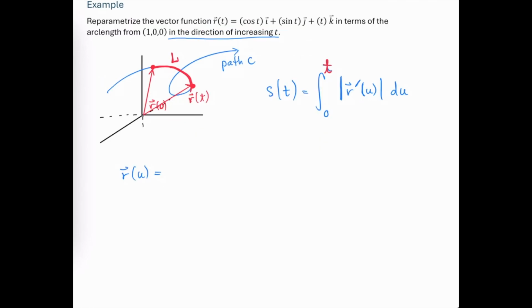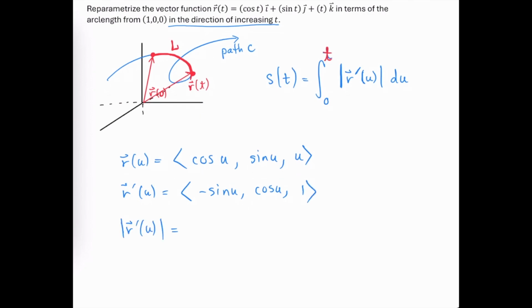Just for the sake of clarity, let's find r prime of u. Before we do that, let's change these variables to u and change to pointy bracket notation so that we can easily see r prime of u is <-sine u, cos u, 1>. Then the magnitude of r prime of u is the square root of negative sine u quantity squared, which is sine squared u, plus cos u quantity squared, which is cos squared u, plus 1.